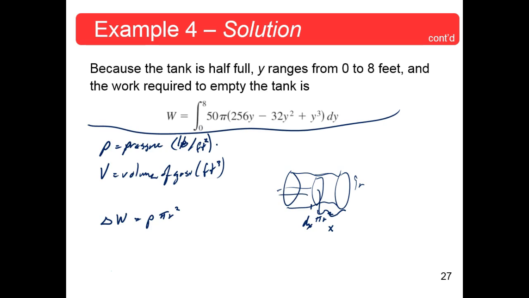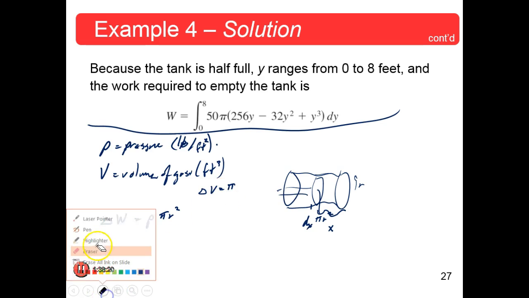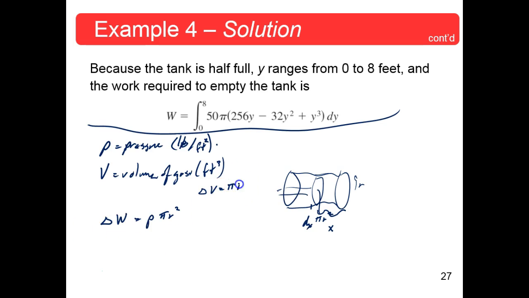Your delta x here is how much the volume is changing. So your delta V is pi r squared dx.